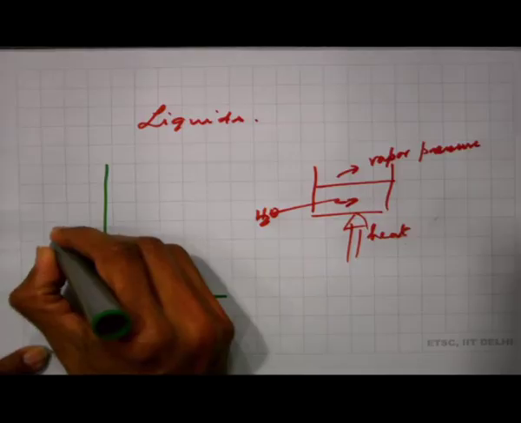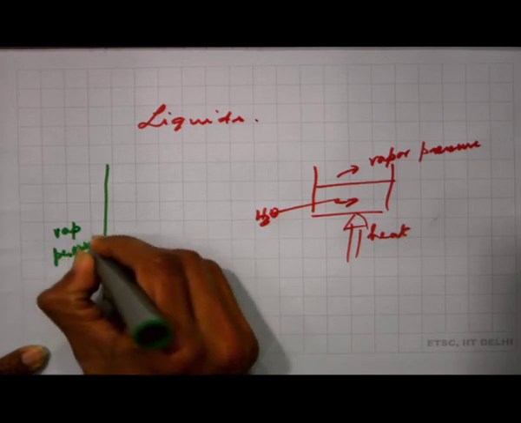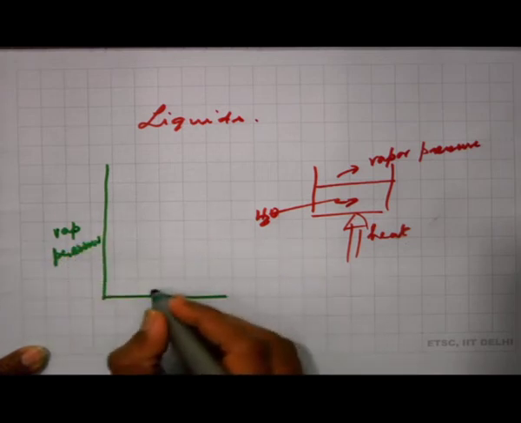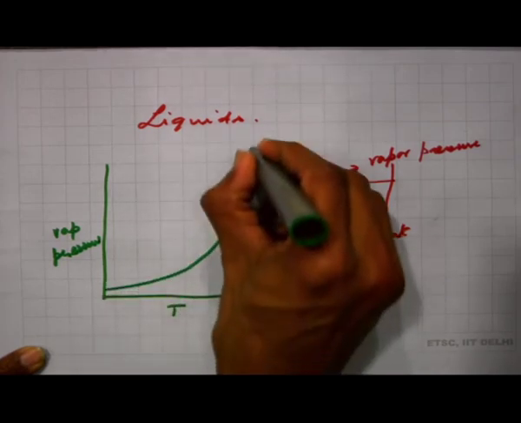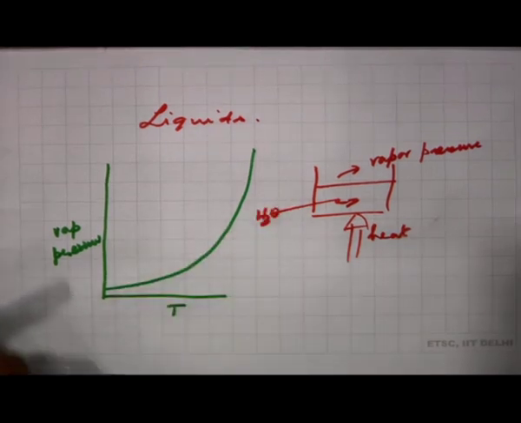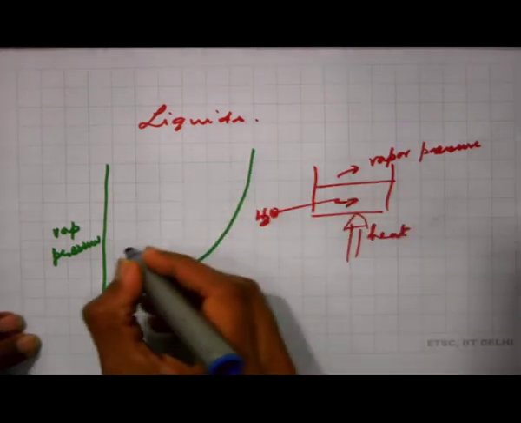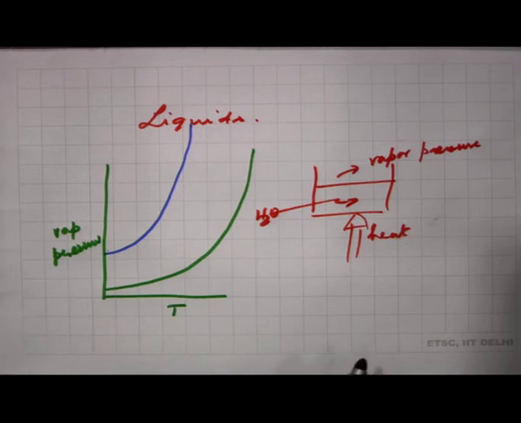So, if I plotted vapor pressure as a function of temperature, it will vary something like this, as an exponential dependence, and it will vary differently for different gases. This might be for water; for something that is more volatile it might be much more like that.